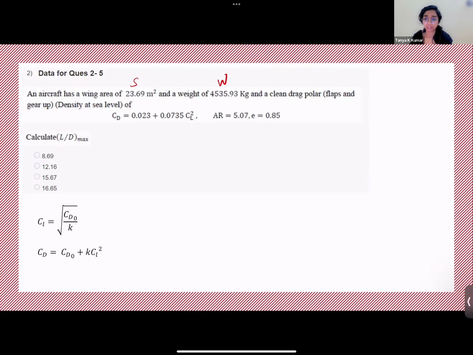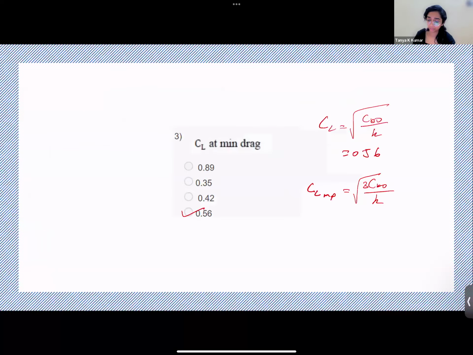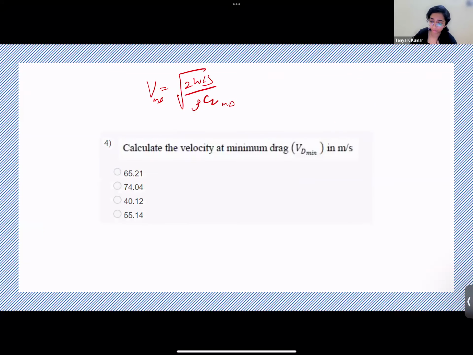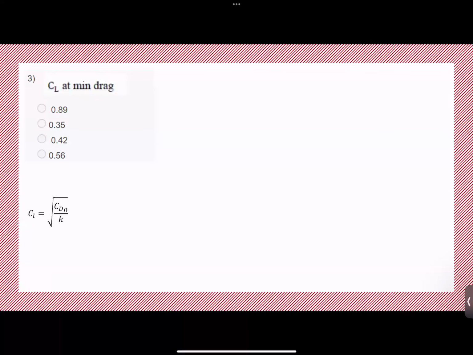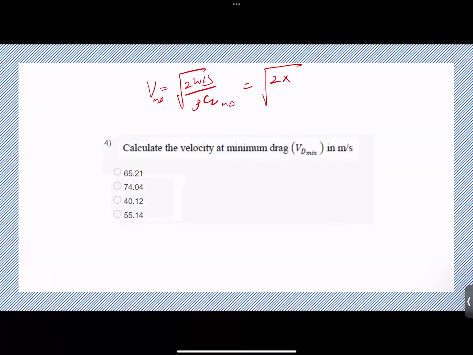74 meters per second. Is anyone else getting the same answer? Let's just do it. So it's under root 2 W upon S rho, W was 4535 into 9.81.